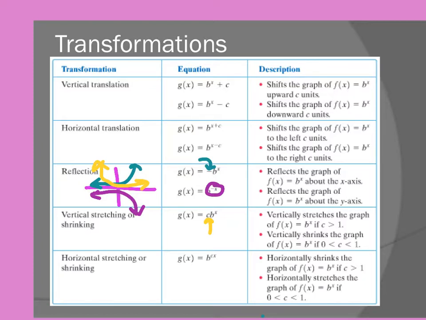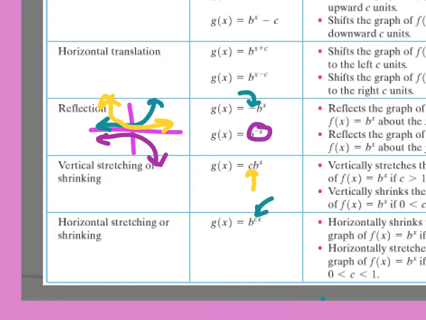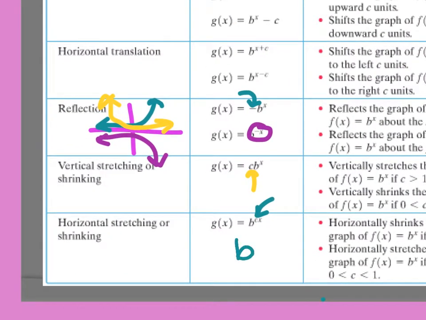The horizontal happens if the number's in the exponent. So if I had b, whatever that is, to the 2x, okay, it's actually the opposite. If the number is bigger than 1, it's called a horizontal shrink, meaning the walls are caving in. And if the number is a fraction, then it's a horizontal stretch, like it's being pulled out from left to right.